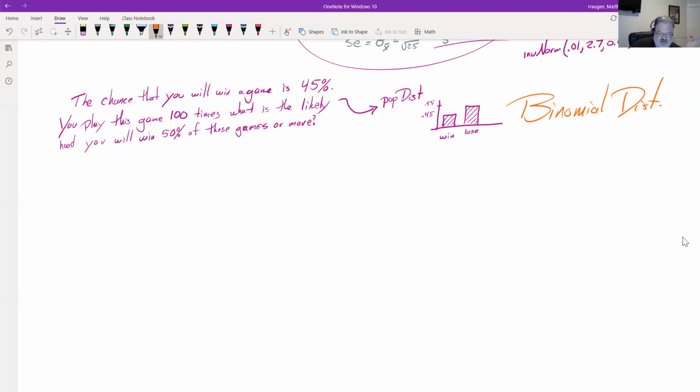This is not a distribution of values, of grade point averages, of heights, of lengths, of whatever. This is now a binomial question. This is a yes, no, pass, fail, win, loss, right? So that changes what our population looks like.